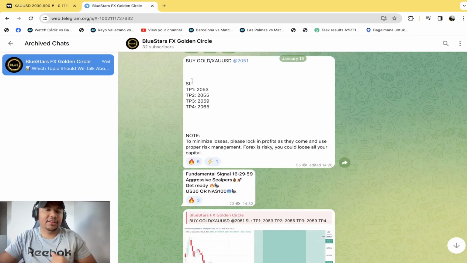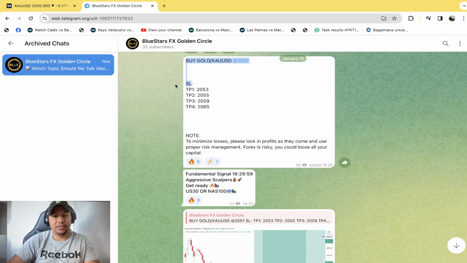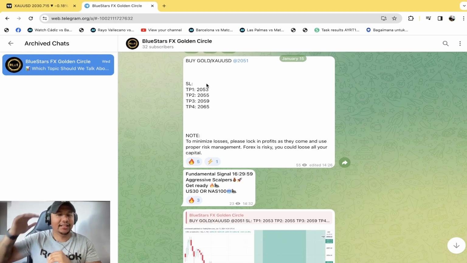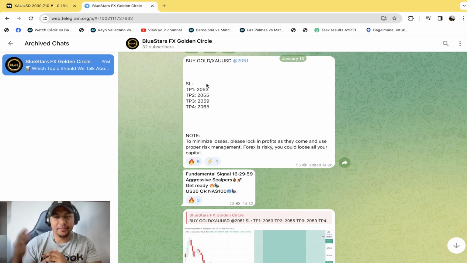And there's no stop loss as well, and this is very important, this is crucial when trading: make sure that you provide a stop loss. Remember, all signal providers, you are sharing signals with people who are potentially sitting at work and don't have the time to look at their phones. All people want to do is copy and paste your prices into their MT4 and let the trade run.